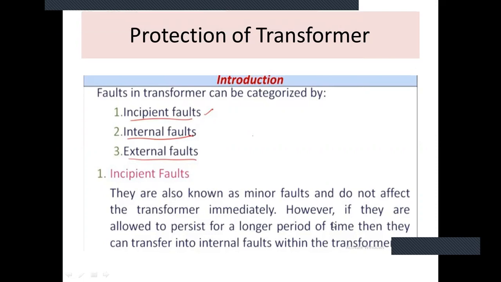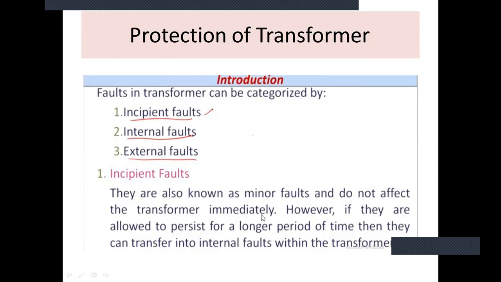We will discuss these in detail. Incipient faults usually do not occur inside the winding or the core of the transformer, which is why they are known as incipient or minor faults.